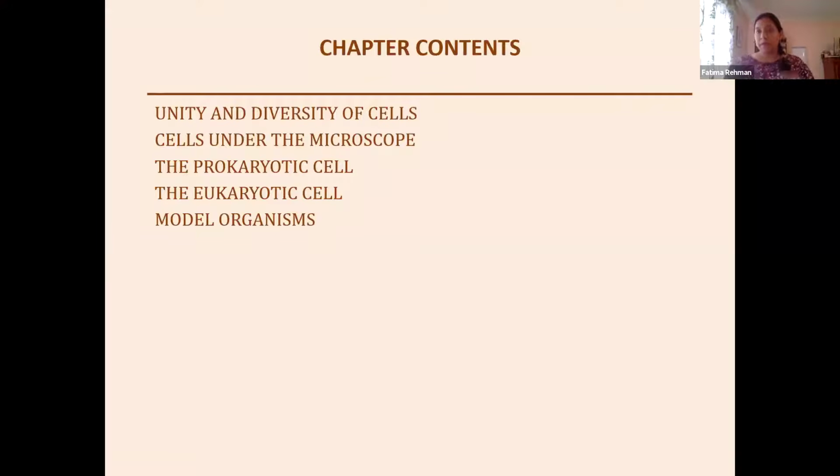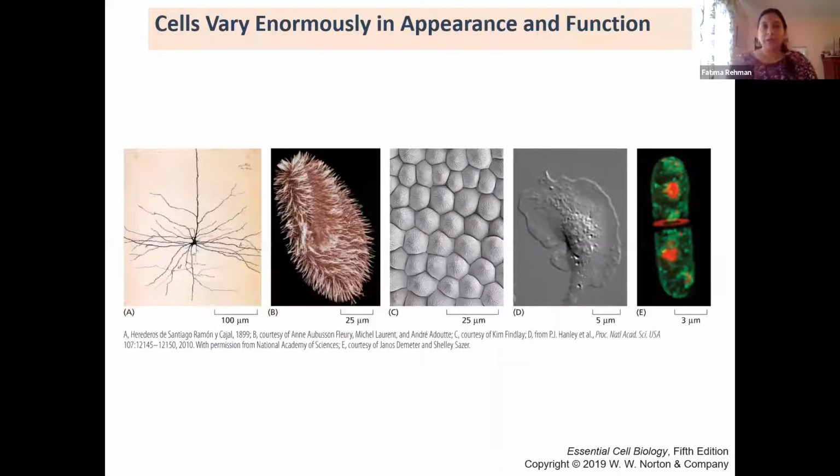We're going to talk about different parts of cell structure and a little bit about their function as well, although we're going to go through that in a lot more detail as the semester progresses. And we're going to end with model organisms, the actual organisms that we use to study cell and molecular biology of these cells. So that is our basic information.